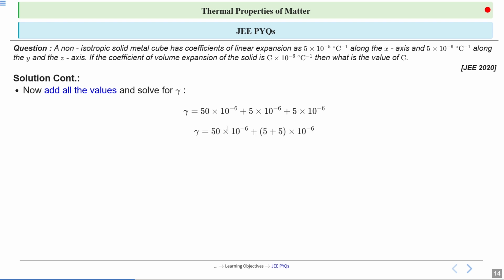Solving this, we get 50 plus 5 plus 5, into 10 raised to the power minus 6. Now here the power of 10 is the same in all cases, so it will be 60 into 10 raised to the power minus 6 per degree Celsius.